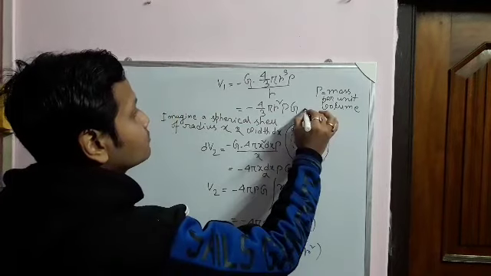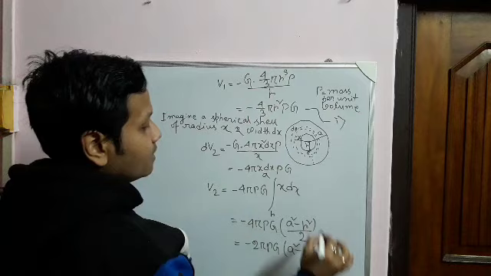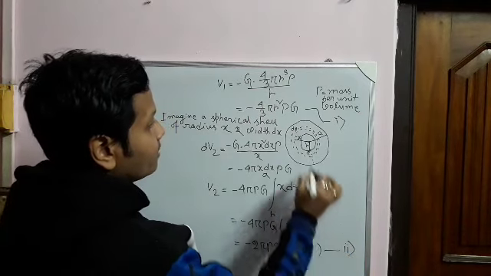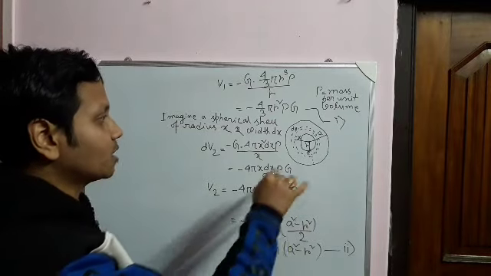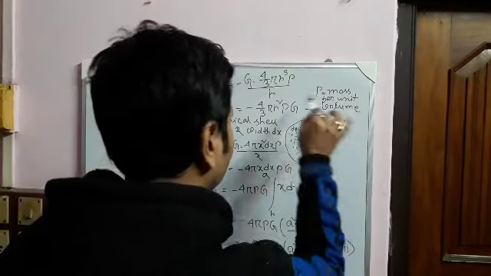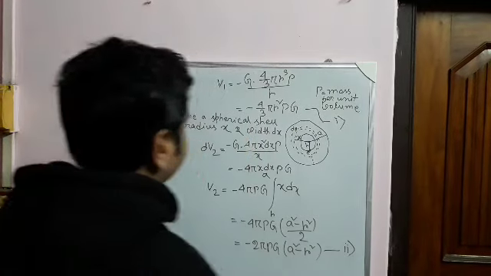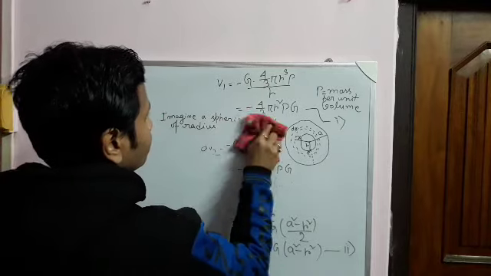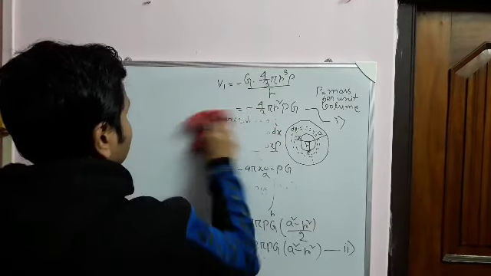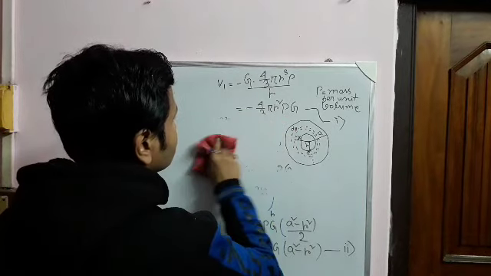So we get two terms. This is the potential due to the inner sphere of radius r, and this is the potential due to the remaining part of the sphere. If we add these two terms, we will get the total potential at point P due to the entire sphere. So let's do that.